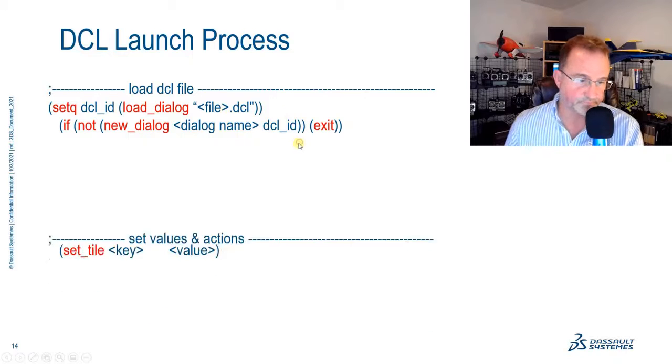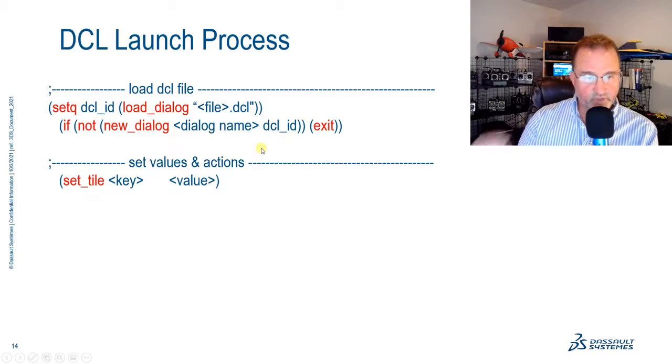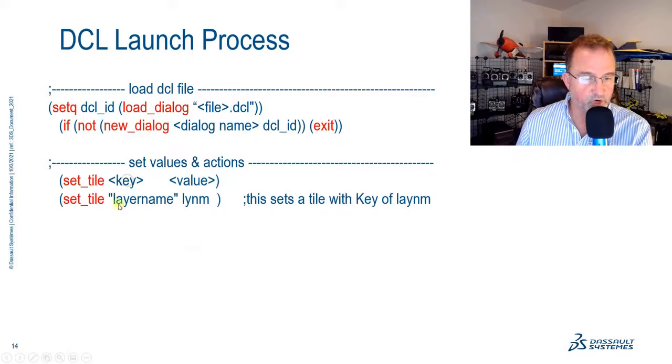So once we've loaded the dialog, we then have to set our values and the actions for the interface. If there's a value for set tile, if we have something, for instance, in the previous one we used a prompt, or like in the example I was just showing you, let's say we had a tile called layer name.